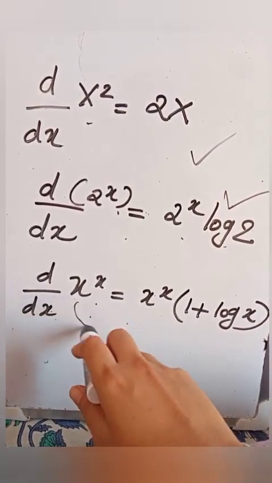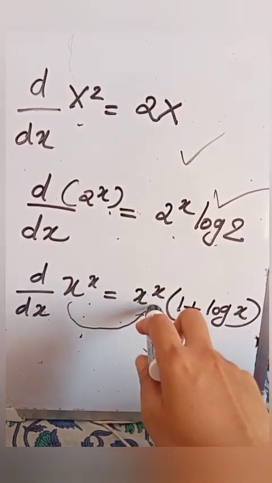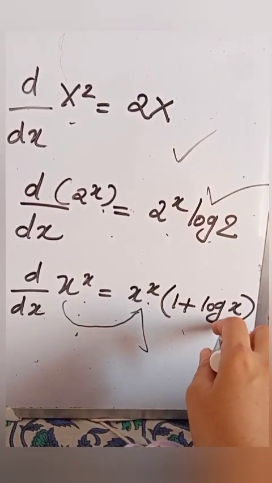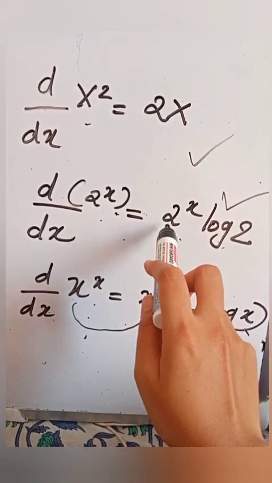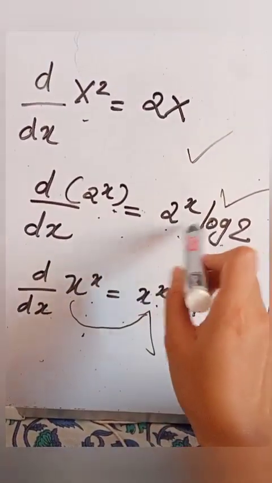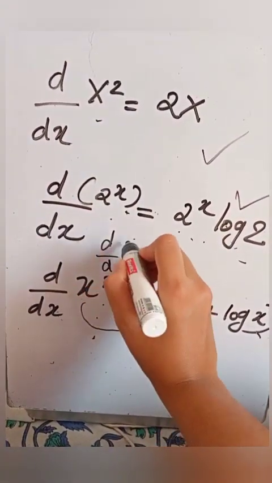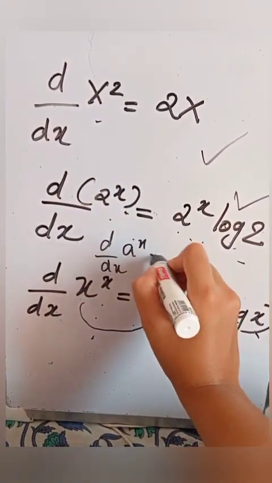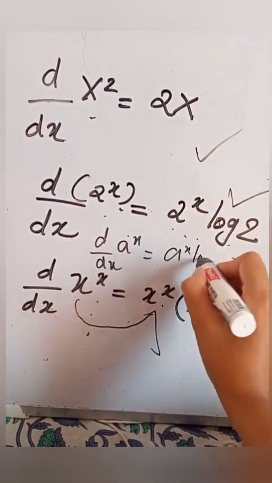So when it comes to x raised to x, we will write it like this, x raised to x into 1 plus log x. When it comes to 2 raised to x, the answer will be 2 raised to x log 2. This is a formula we have learned earlier. We call it d by dx of a raised to x is equal to a raised to x log a.